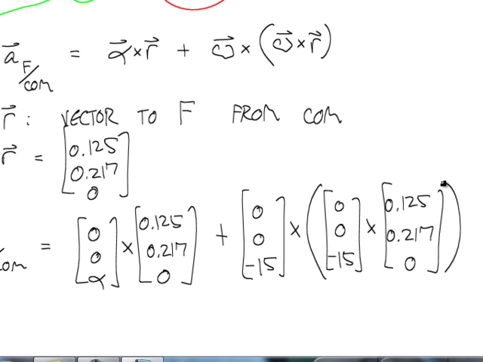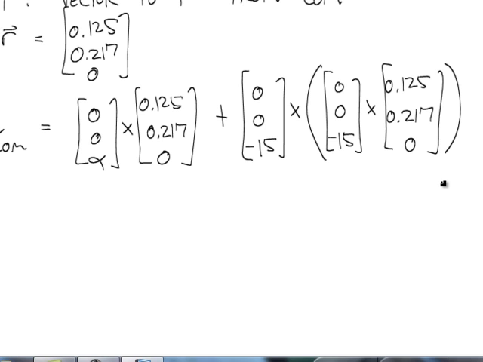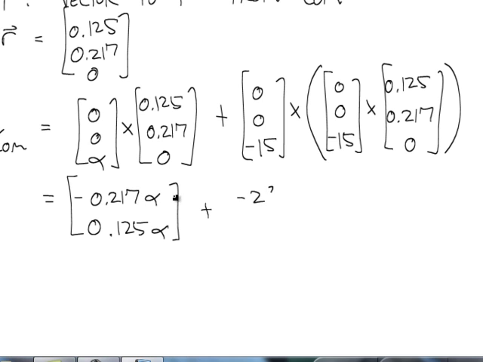Okay, so if you calculate this cross product, you get negative 0.217 alpha, 0.125 alpha, plus negative 28.125, negative 48.825.